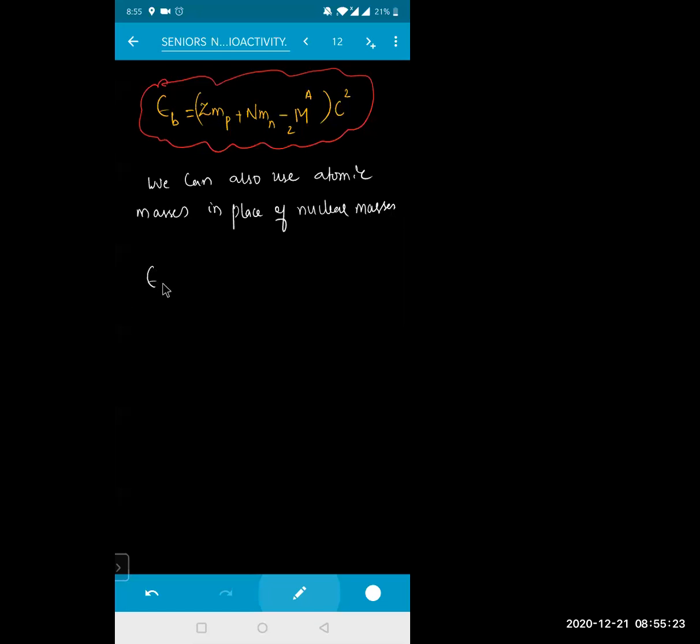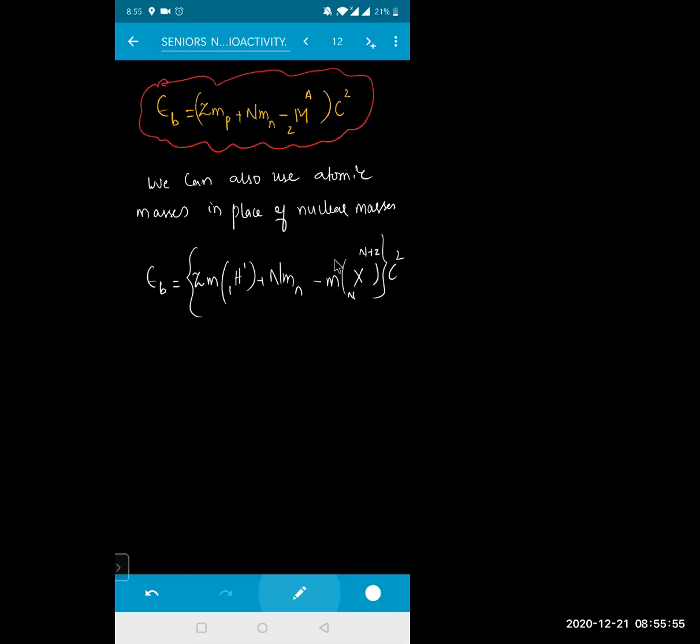Like binding energy, if I'm writing EB is equal to Z into m of 1H1 plus N into mass of neutron minus m of X, where A is Z plus N, into c square. ఇట్లా కూడా రాసుకోవచ్చు.